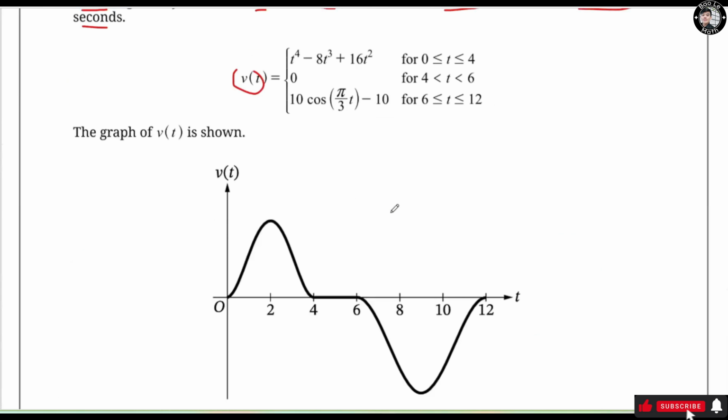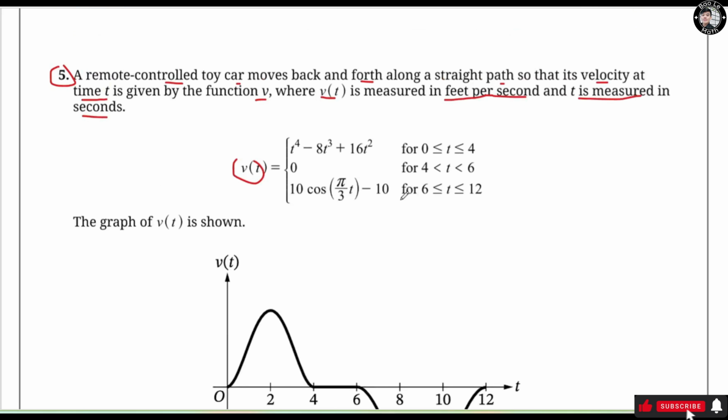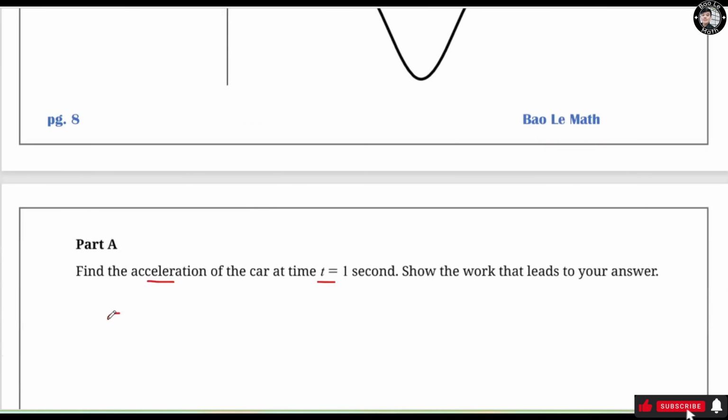Alright, so at time t equals 1 second, it should be this function right here. We need to find the derivative of this function. So we have a of t is v prime of t, and it's going to be 4t cubed minus 24t squared plus 32t.